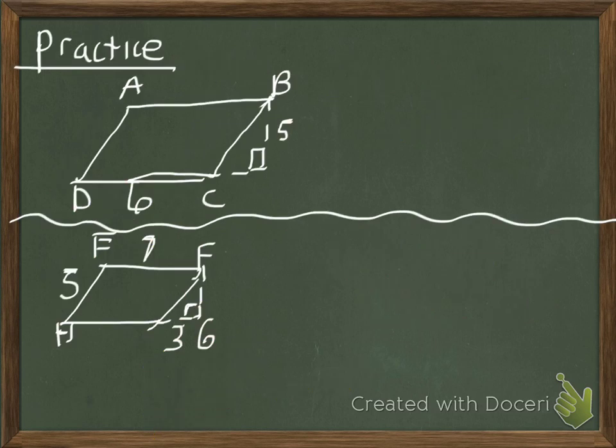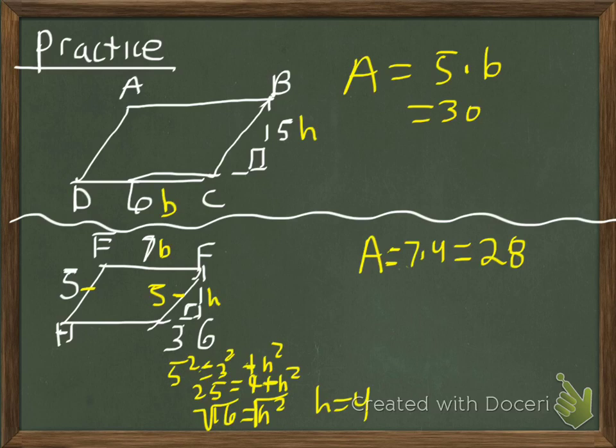All right, you do this part, hit pause and hit play when you're ready. All right, in the first one, they give us the height and base, 5 and 6. Multiply them together, we get 30. They didn't give us units here, so I guess you could write units squared. Otherwise, you could just say 30. 7 times 4 for the second one.